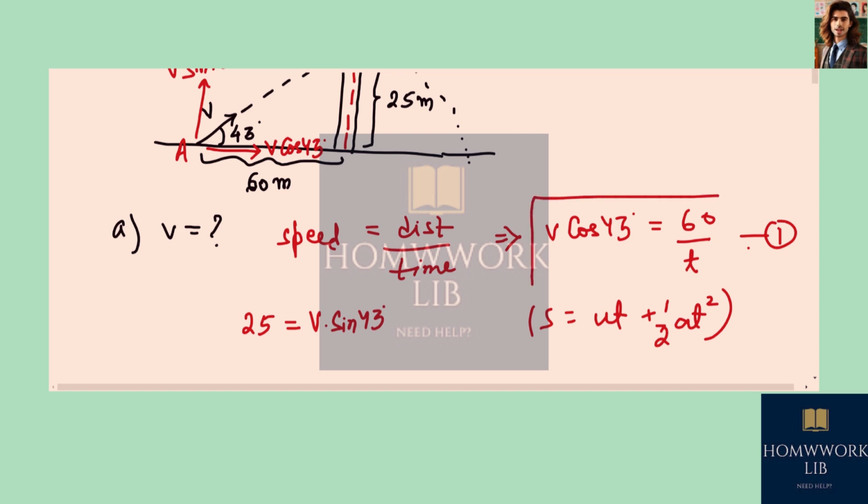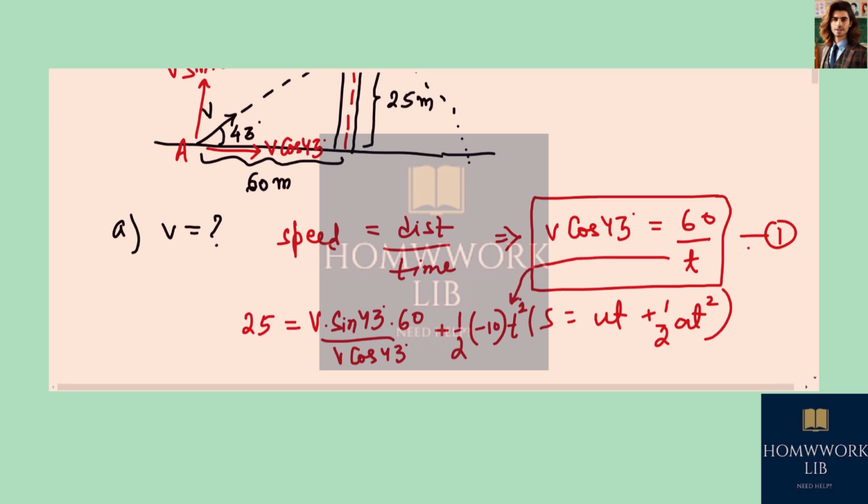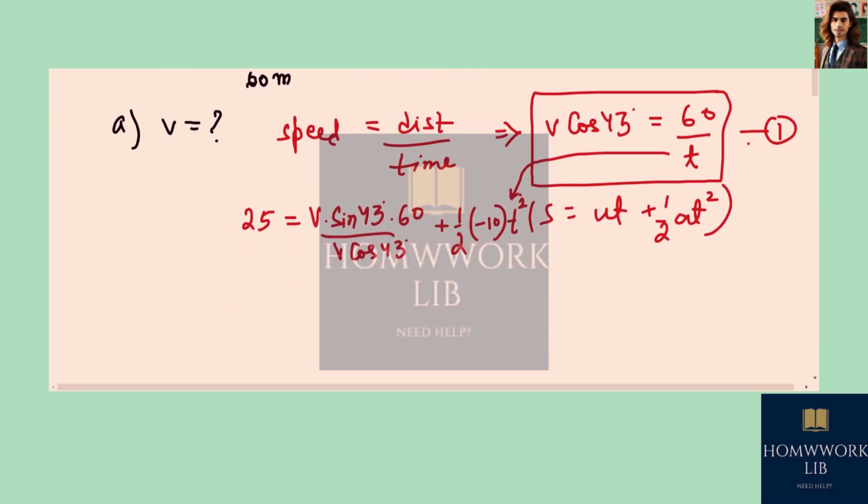From equation 1 we can figure out the time, that would be 60 over v cos 43, plus half into acceleration, which will be minus 10, and t squared. So again we are going to put the expression of t here. So let us solve this equation. So we get 25 is equal to, v gets cut, 60 tan 43 minus 5 t squared.